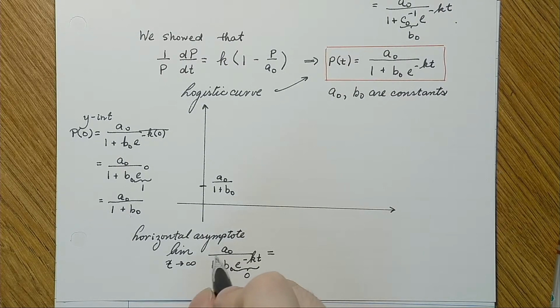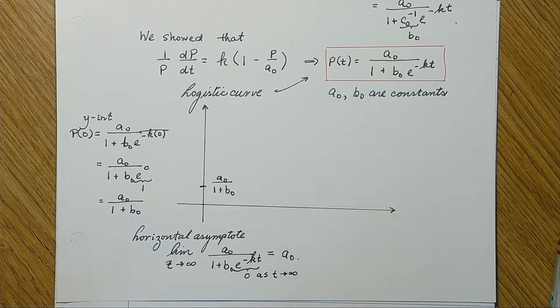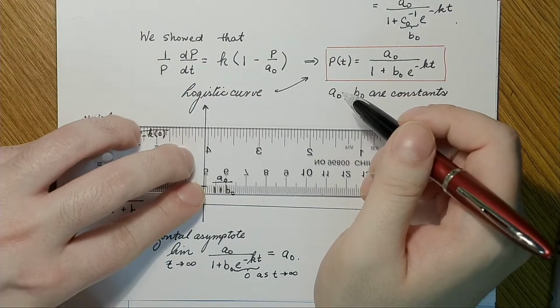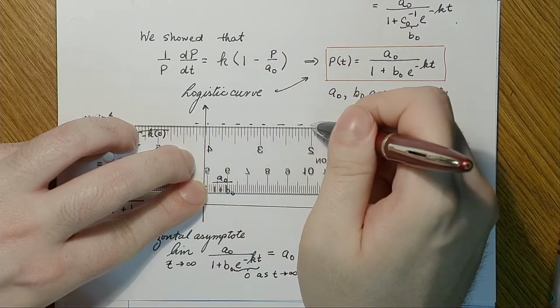So in the limit, in the denominator here, I would have 1 plus 0. So then I'm just left with a naught. So up top here, I'll draw in a little dotted line for my horizontal asymptote.